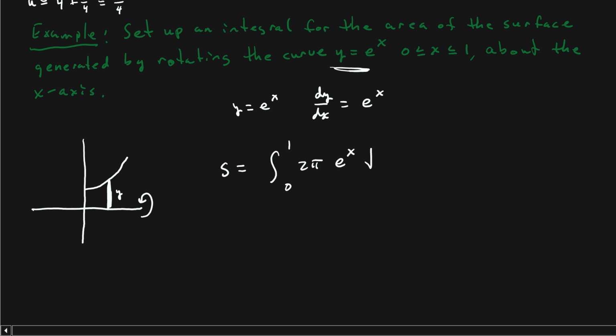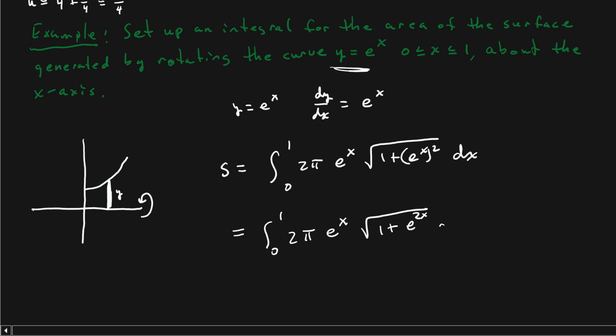So y is e to the x, times the square root of 1 plus (e to the x) squared dx. So that's going from 0 to 1 of 2 pi e to the x square root of 1 plus e to the 2x dx. And there it is set up.